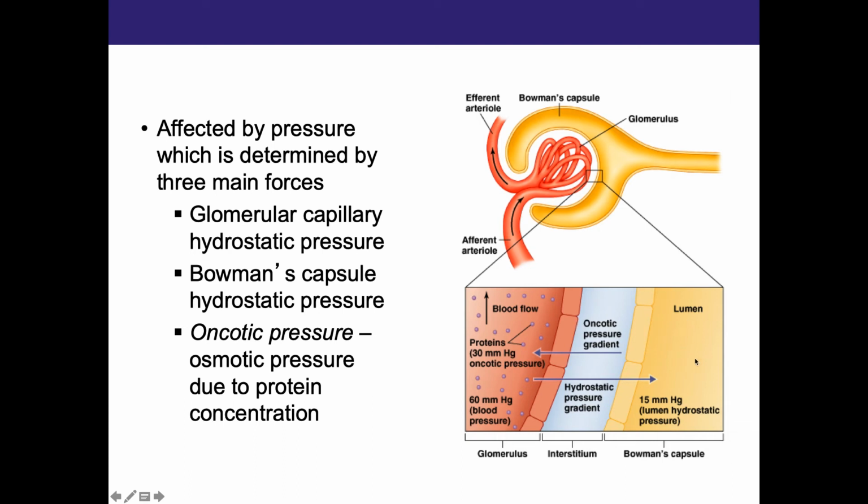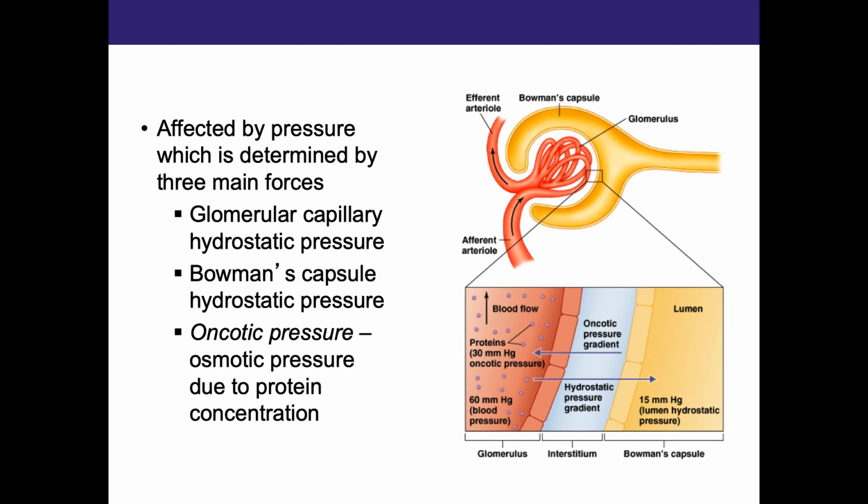And then this yellow portion is Bowman's capsule, Bowman's space. And there's actually some interstitial fluid in between. Now, remember we talked about oncotic pressure when we were talking about the cardiovascular section and net filtration pressure. Oncotic pressure is the osmotic pressure due to the protein concentration within the blood, those larger blood proteins.